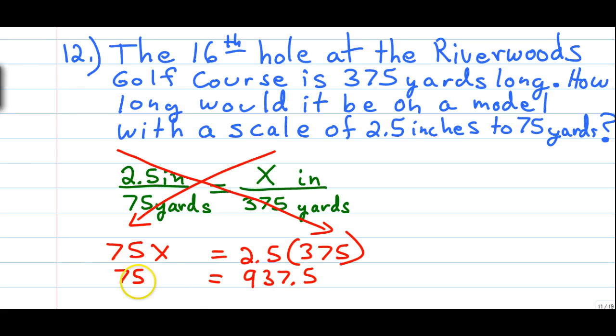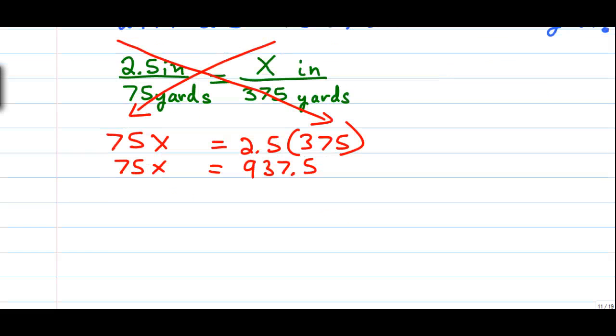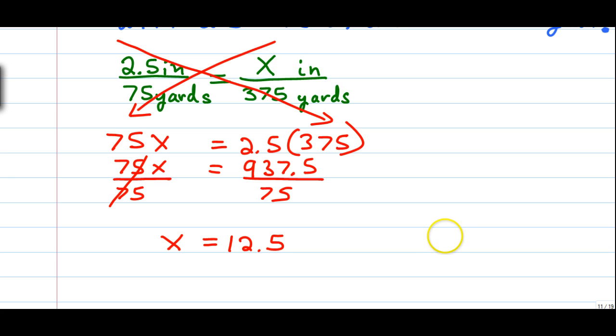We'll simply carry down the 75x for the moment. Now, continuing to solve this problem, we want x alone, so we'll divide out the 75 on both sides to clear the 75. We're left with x being equal to 12.5. If we look back to our original problem, that 12.5 has the units inches. So to finish our problem, we're going to write this as 12.5 inches.